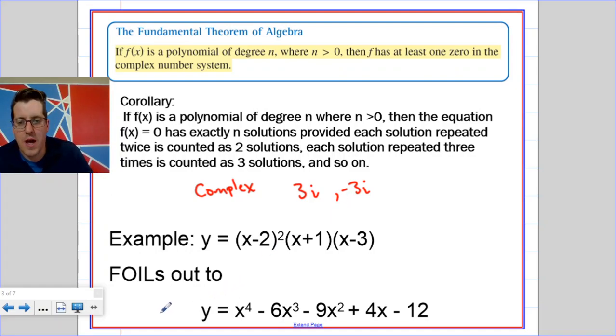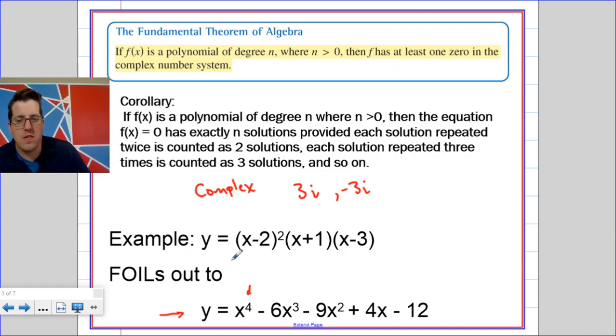So if we look at this equation, we see that it's x to the 4th. The fundamental theorem of algebra tells us that that means it has 4 solutions, 4 factors, 4 zeros, however you want to think about that. But it doesn't say that it has 4 distinct zeros.